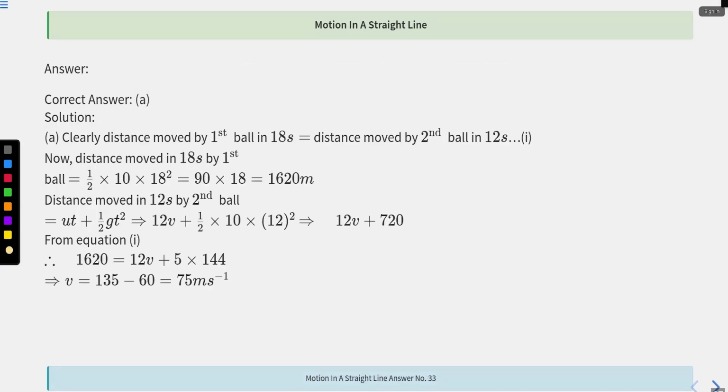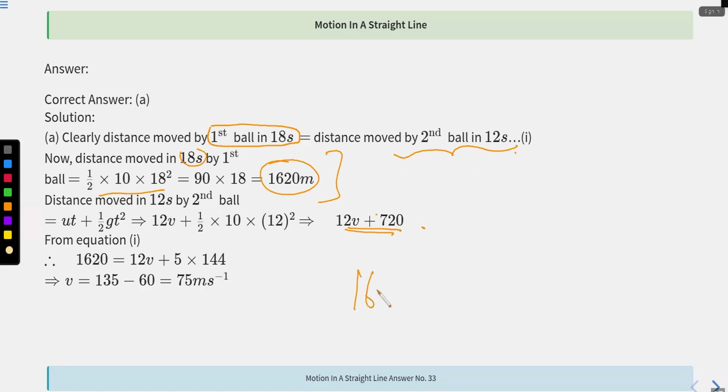Clearly, the distance moved by the first ball in 18 seconds will be equal to the distance of the second ball in 12 seconds. Correct? So for 18 seconds, half gt square, that is 1620 meters, and for the 12 seconds, it is 12v plus half gt square, that is 12v plus 720.